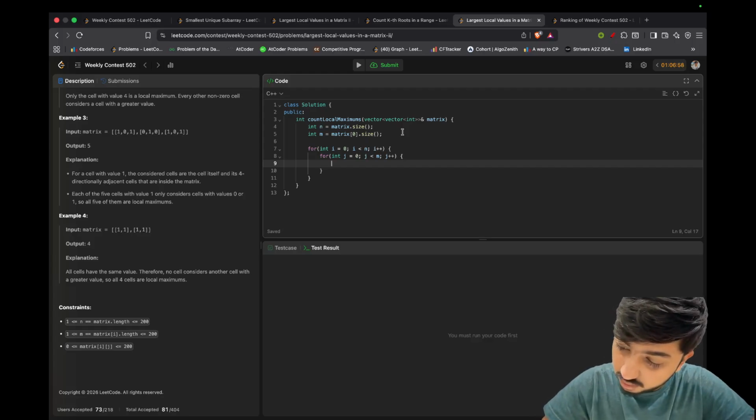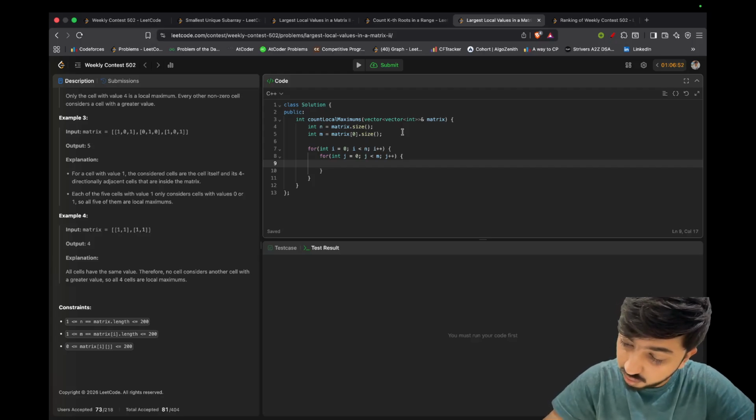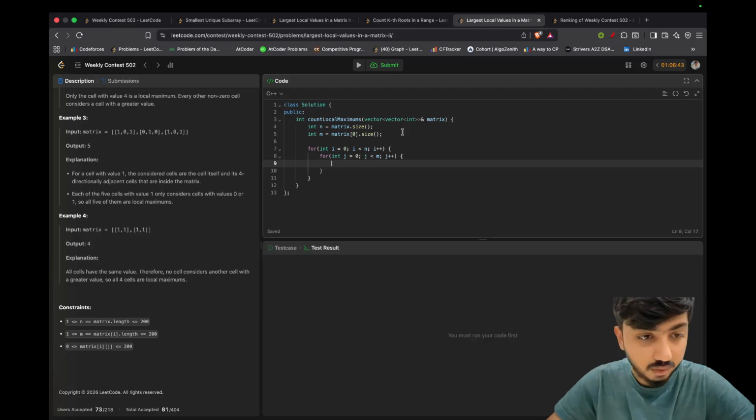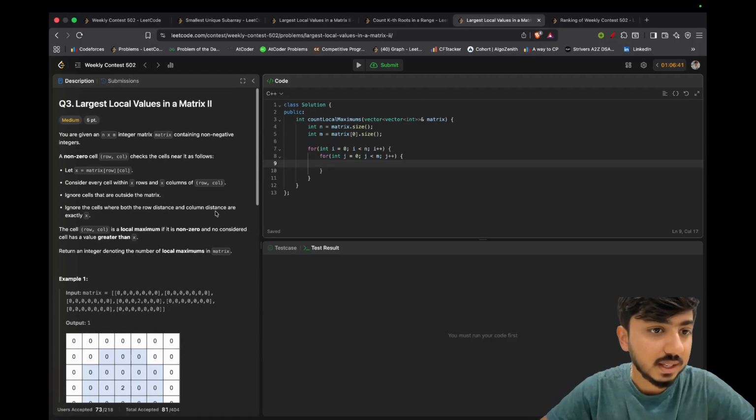It's 200 into how much? 10 to the power 8 into 16 into 10, that is 1.6 into 10 to the power 9, which is of course not an acceptable solution.